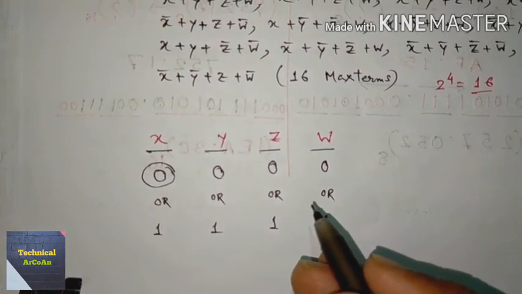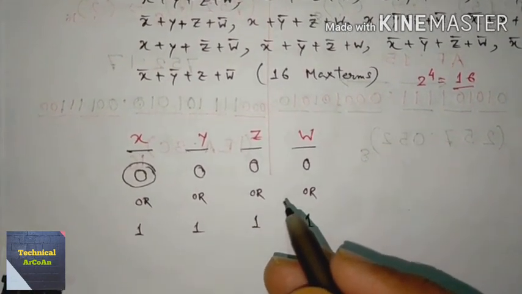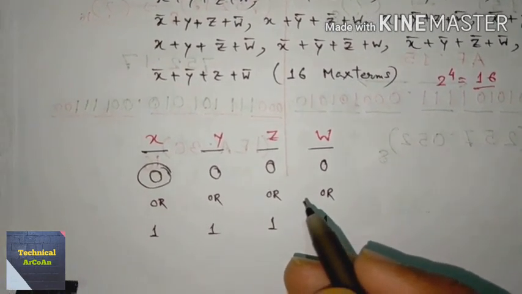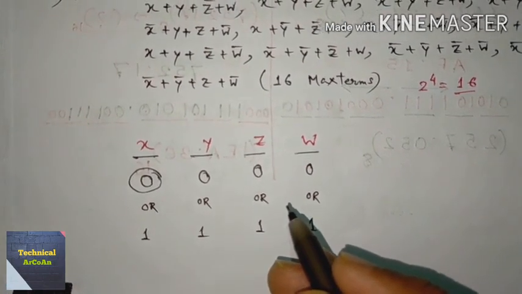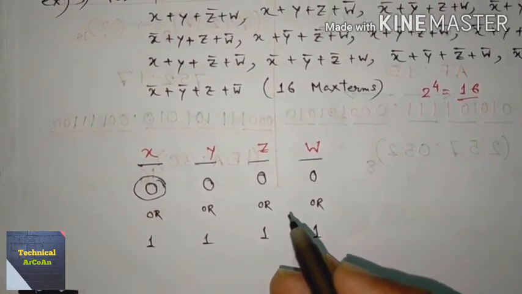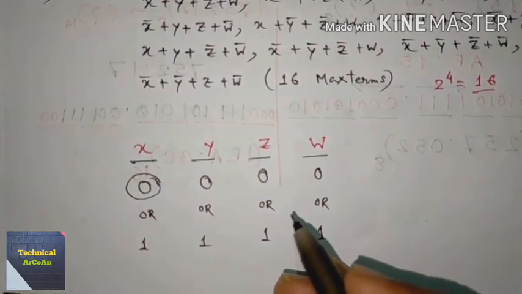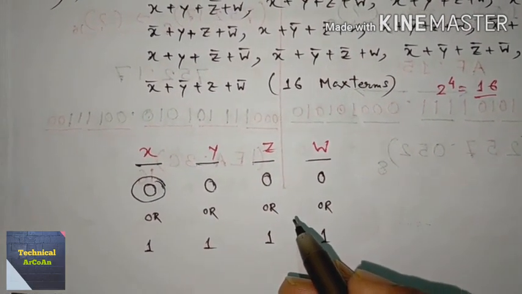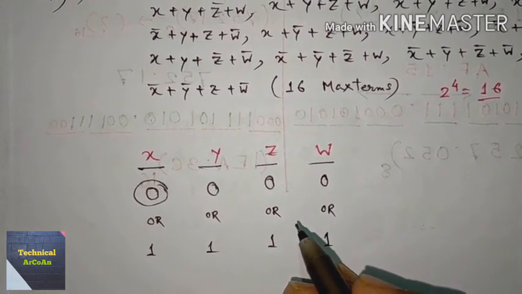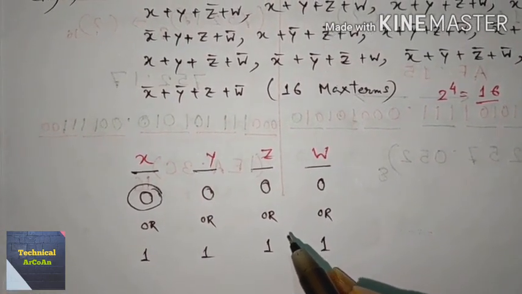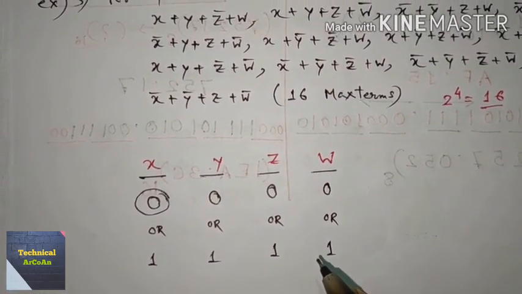In the same way, if the variable value is 1, then it is represented as the complement of the variable in a max term, and as the normal variable, without complement, in a min term. Okay. So we go for an example and this concept will be elaborately described.